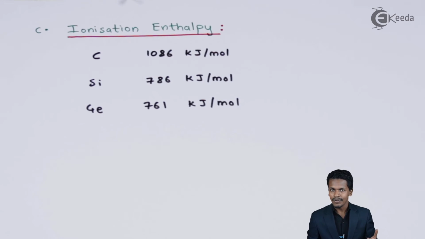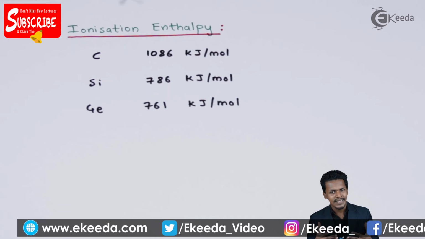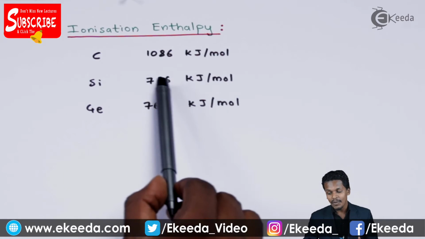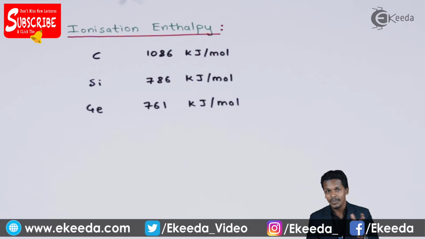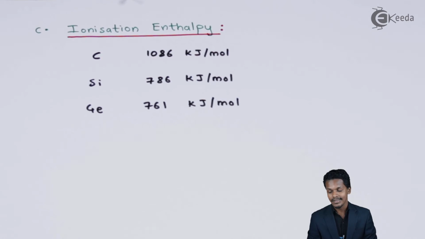But silicon is the next element after carbon in group 14, and obviously the atomic size is also more. So the energy required to remove the outermost electron is less, but there would not be that drastic a difference in the energy. So we could see a difference in the ionization enthalpy.